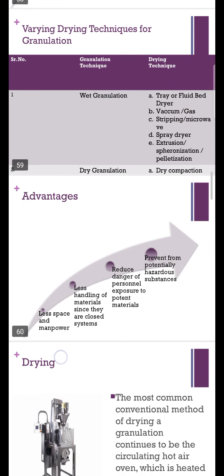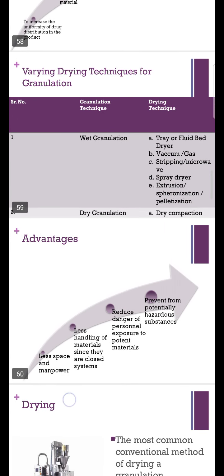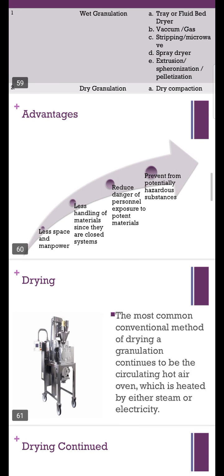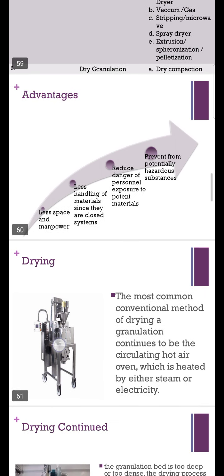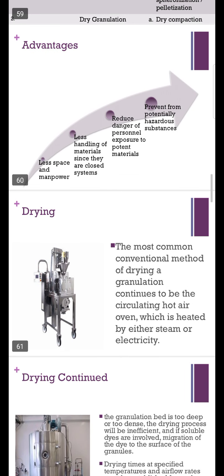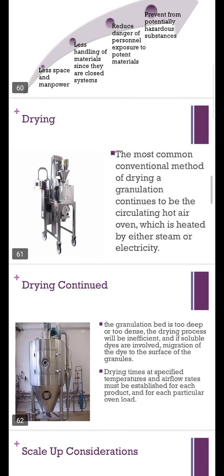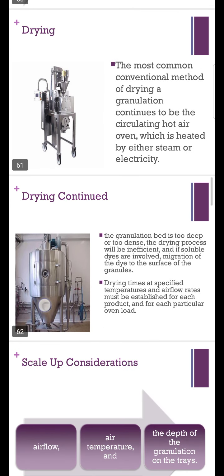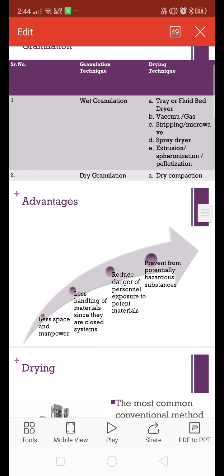But in case of dry granulation, the technique will be dry compaction. Okay, why? Because it is good in terms of work, less power is required, less handling of material since they are in a closed system, and it reduces the danger of exposure of individuals, and you can control it.